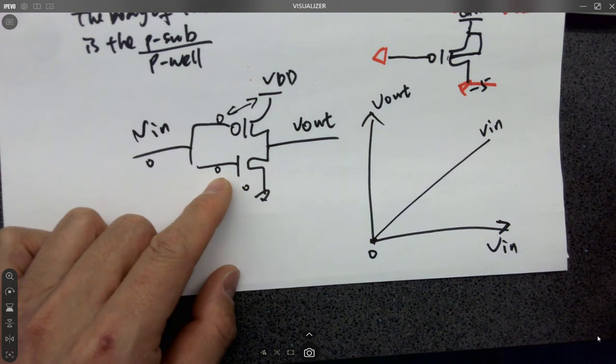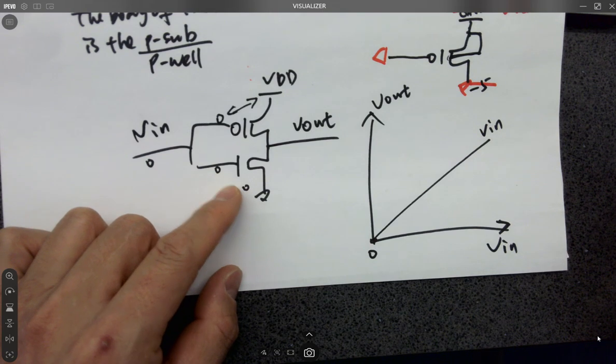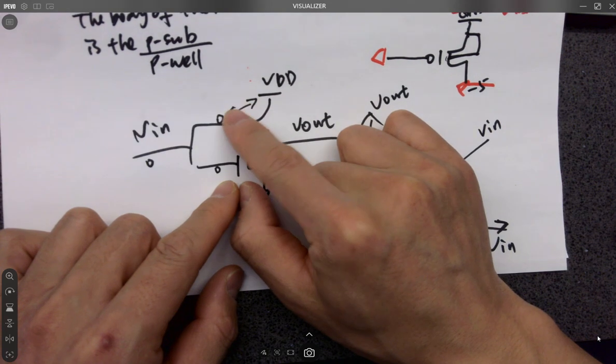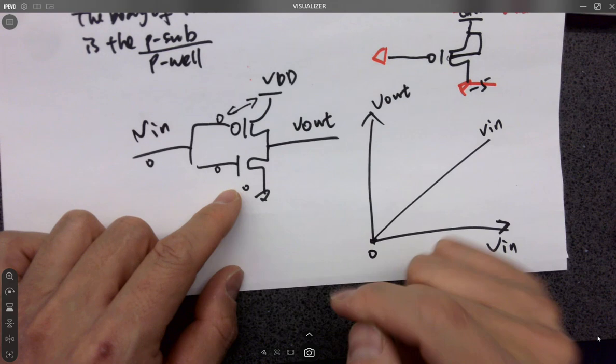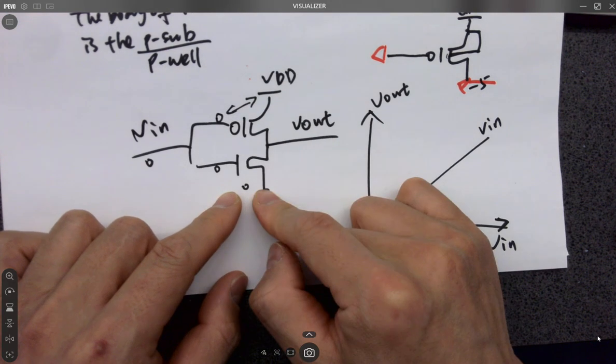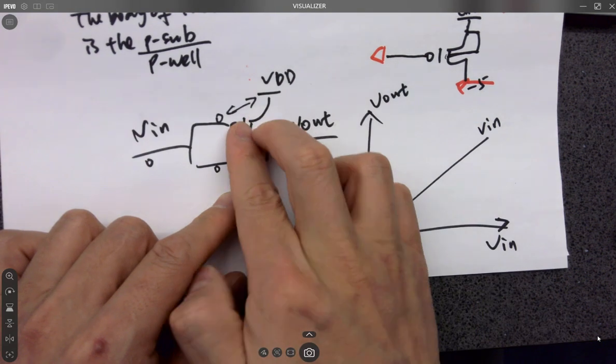Lower than or higher than VTHN? Lower, because it's 0 volts, right? What about here? VSG is VDD, right? VDD is higher than VTHP. So which is on, which is off? PMOS on, NMOS off.